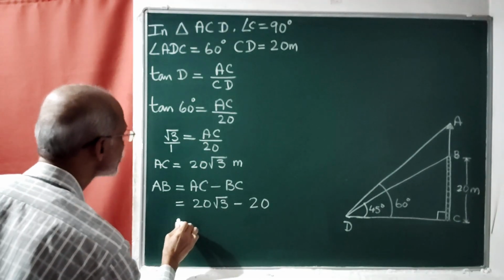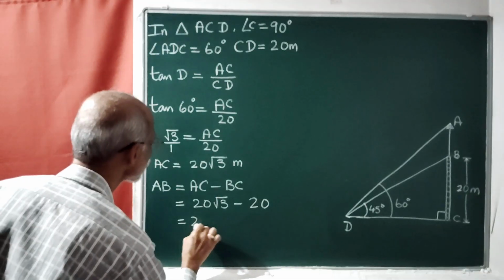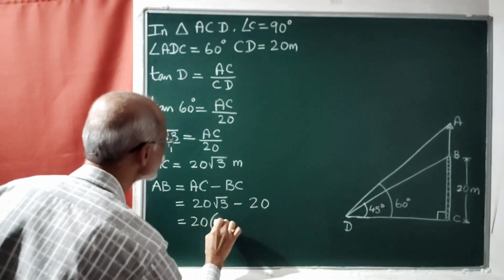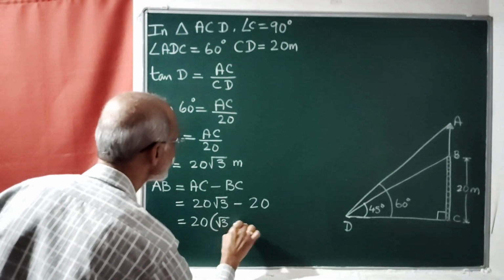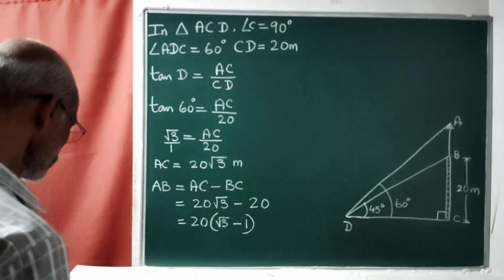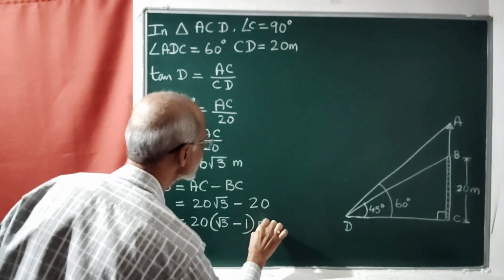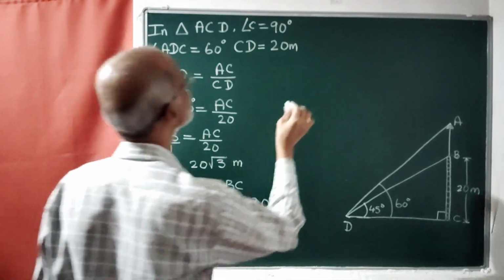Now among these two terms, 20 is a common factor, I'll take it outside. 20 into root 3 minus 1. So AB is equal to 20 (root 3 minus 1).